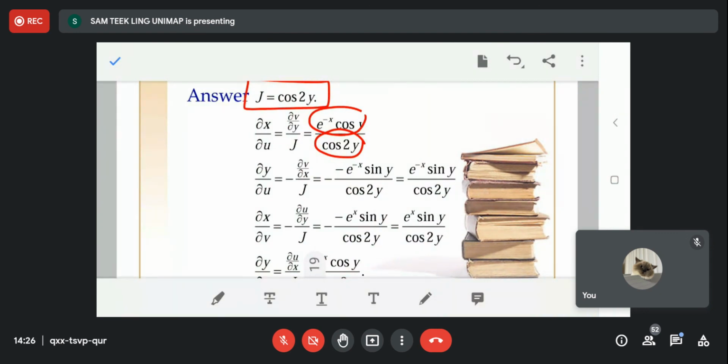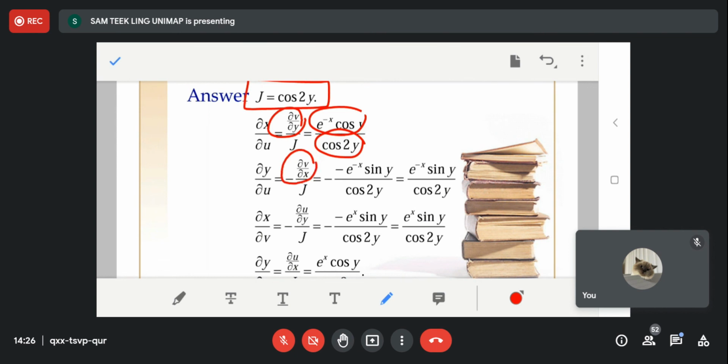So you apply the formula for inverse function, all put into your inverse function. Because all this you found already when you found your Jacobian. This is for first order.